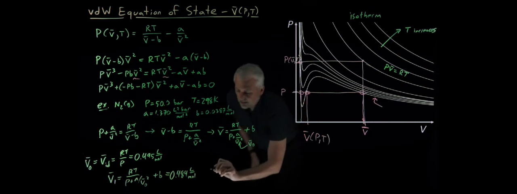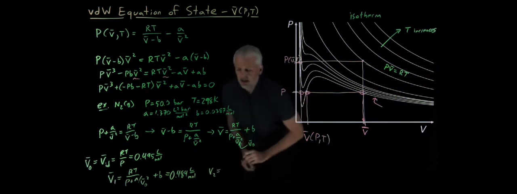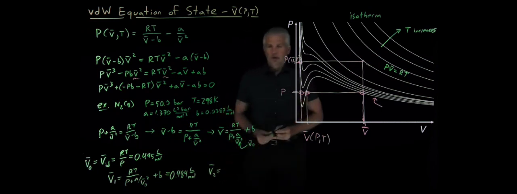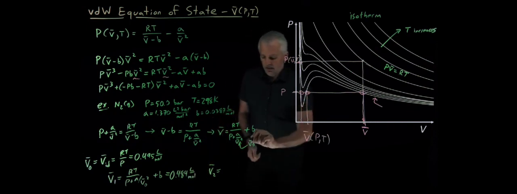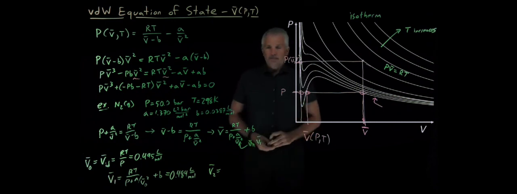So the next step I can do is calculate a second estimate of the molar volume. Now that I have an even better estimate for V bar than I did before, instead of plugging in V naught, I can plug in V1 and use that to get a second estimate.